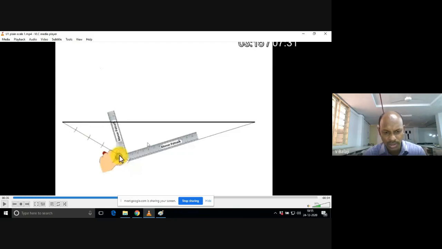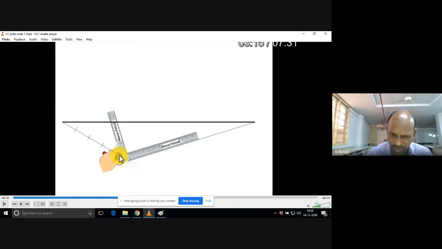Now you can move the mini drafter 360 degrees, completely around the drawing sheet. Now after joining this last arc to the other end of the line, match your mini drafter scale to that line and tighten the mini drafter knob gently.